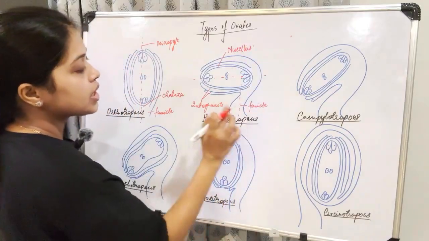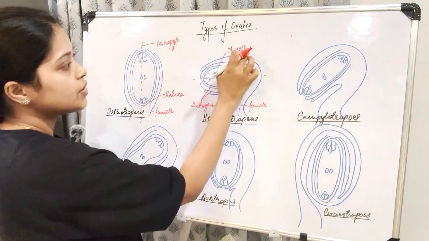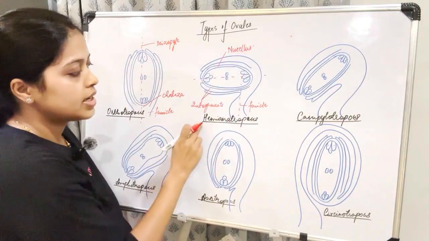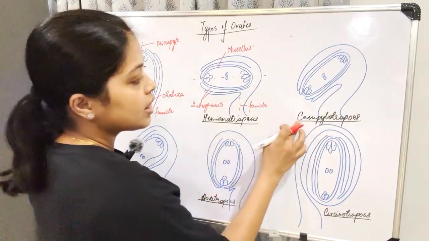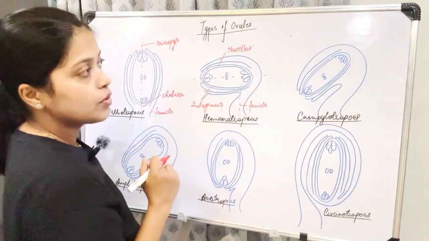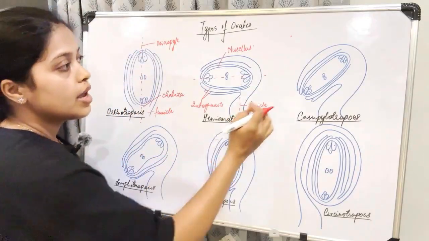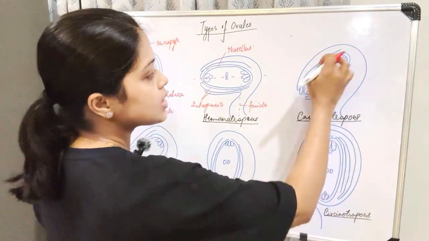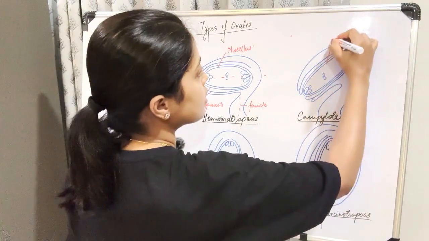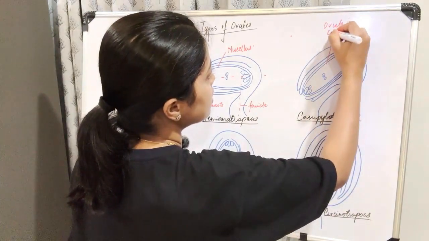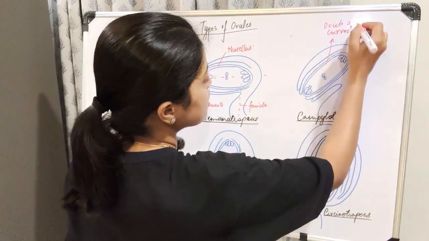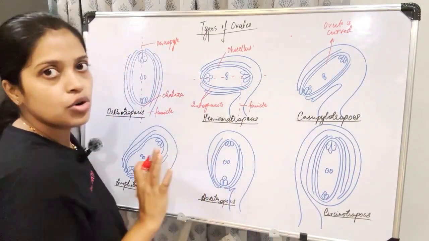So when the funicle is at right angle with the nucellus and integument, it is called hemianatropous. Then campylotropous ovule is when the ovule is curved.